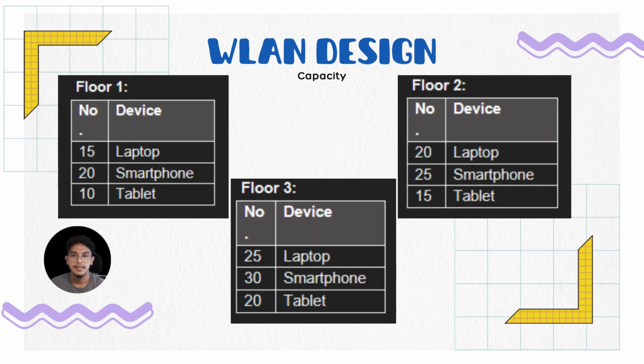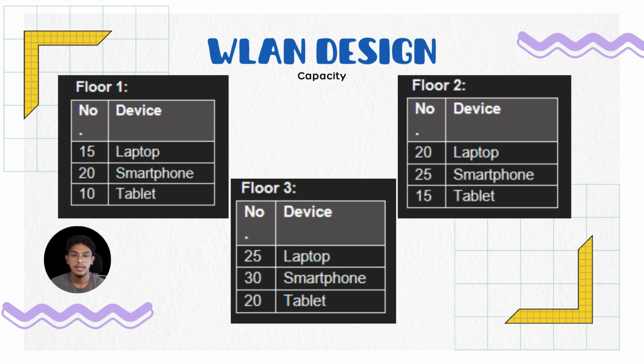For our LAN design, this is the estimation of device capacity on each floor. On the first floor, the total devices is 45. That is 15 laptops, 20 smartphones, and then 10 tablets. And then for the second floor, the total devices is 60.